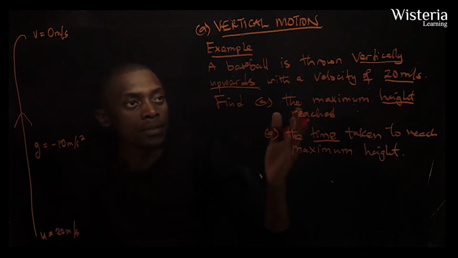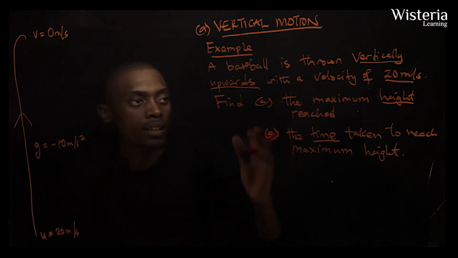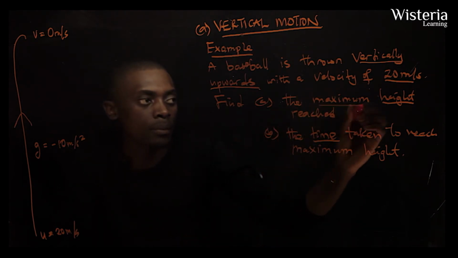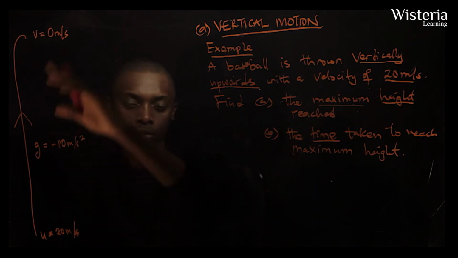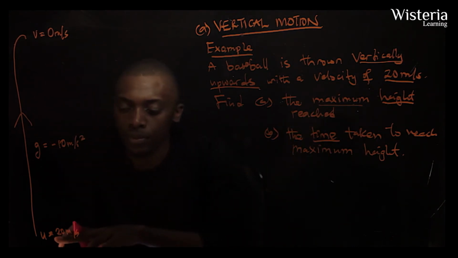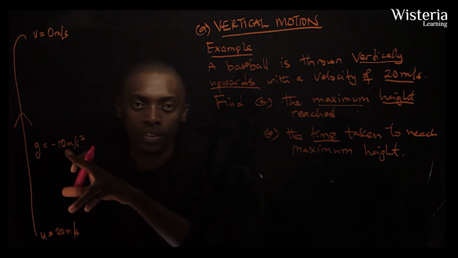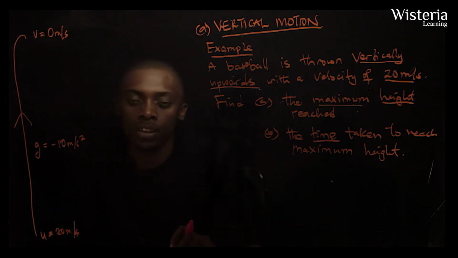We have been given the first question. It says, let's find the maximum height reached by this object as it is thrown with this velocity, and it experiences this gravity, as well as the final velocity there.